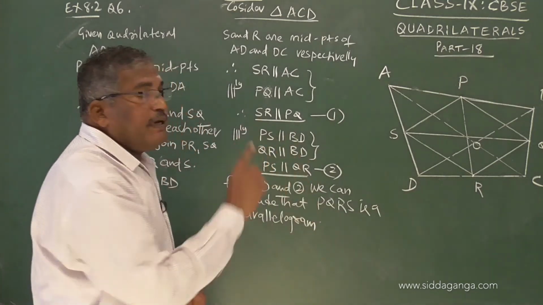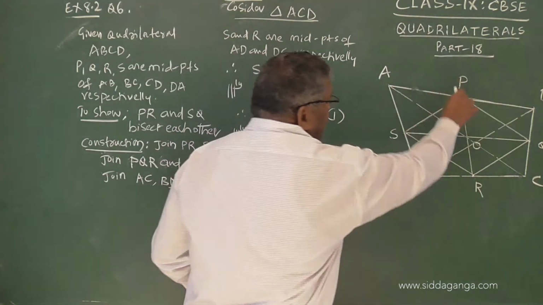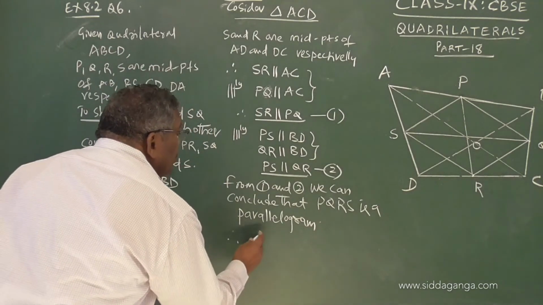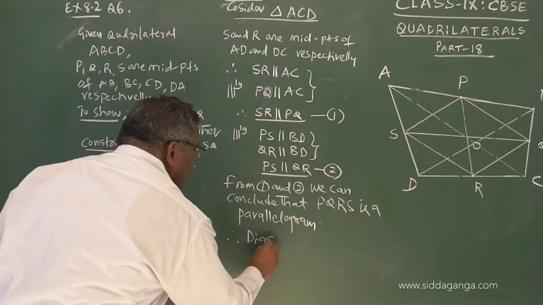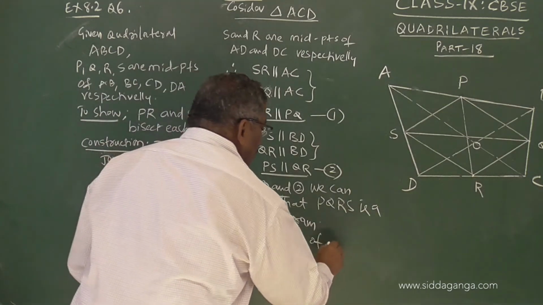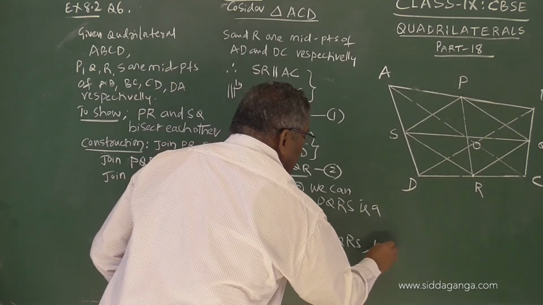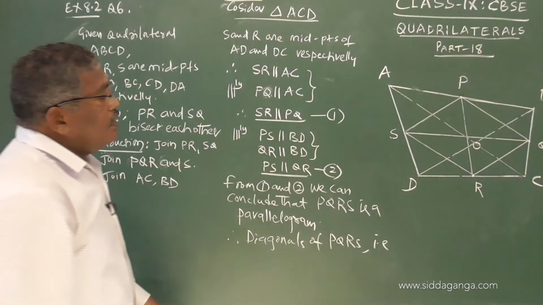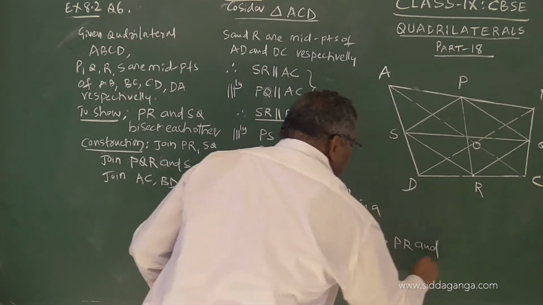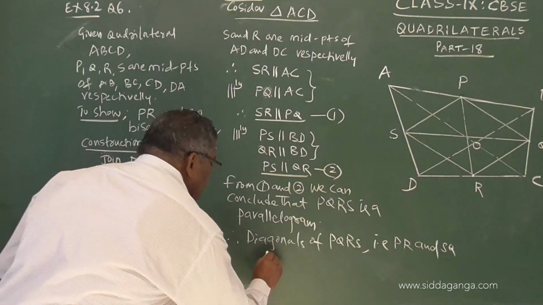So we have proved that it is a parallelogram, and in a parallelogram PR and SQ are the diagonals. So therefore the diagonals of PQRS, that is PR and SQ, bisect each other.